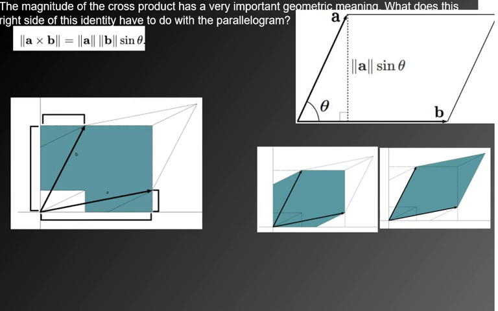Basically, the way I look at this is it's really like a base times height formula. And it's sort of out of order based on my picture here. So the base is really the magnitude of B, and the height is the magnitude of A times the sine of the angle between, which you can see over here. If you think of some geometry, the area of this parallelogram is literally the base, the length of that, times the height.